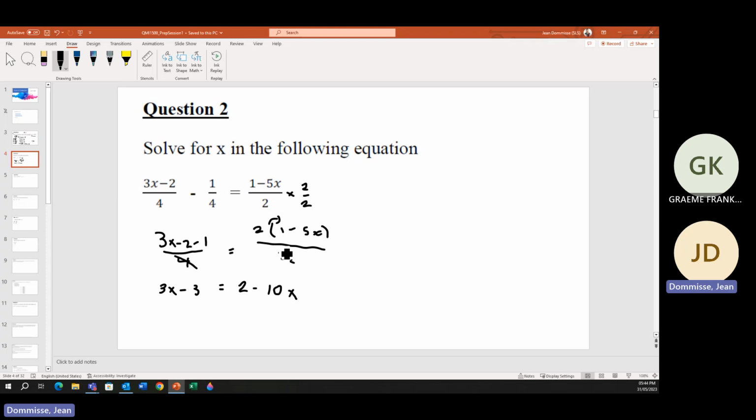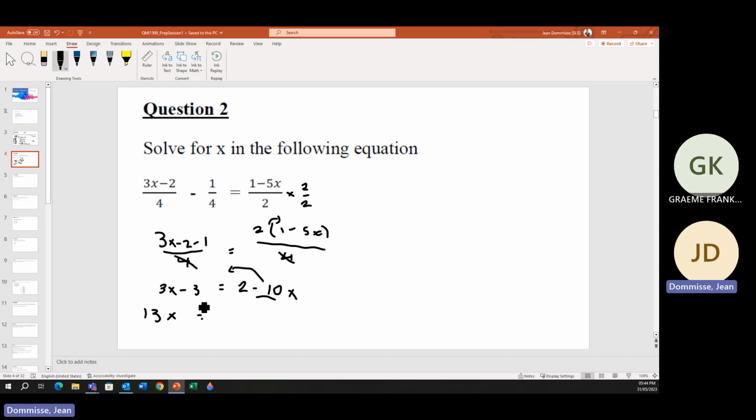And then I always want to work with x being positive. So I'll take the minus 10 over to the other side. So it becomes positive, which makes it then 13x.